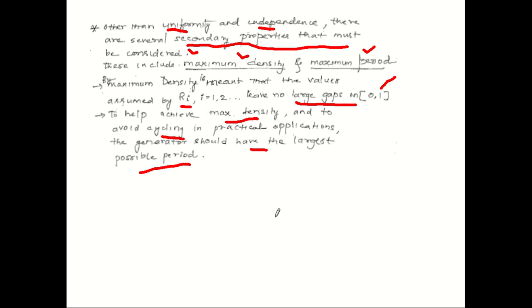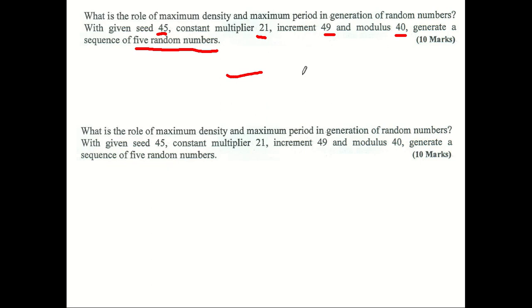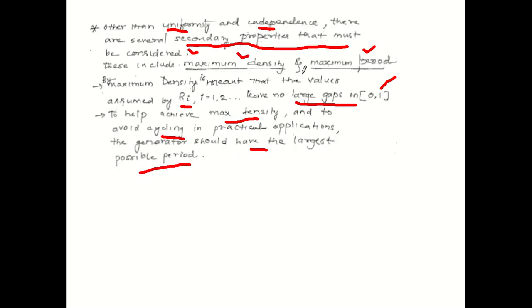So we have to choose parameters a, seed, c, and m such that it has a maximum period.